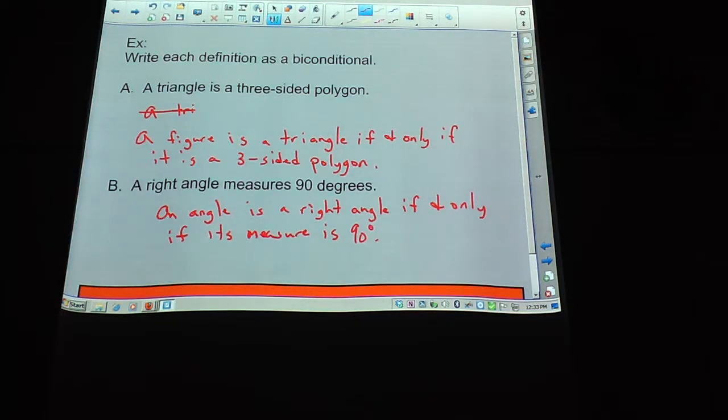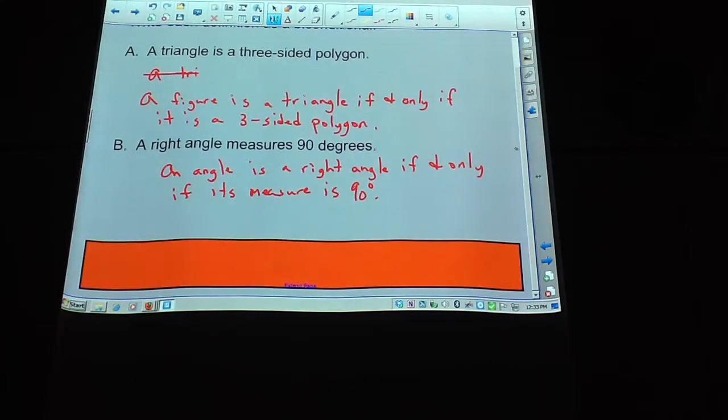We just wrote it as an if and only if statement, which should be true either way that we started. We could have put: an angle's measure is 90 degrees if and only if it's a right angle. Whether we started with P or Q, it should be true.